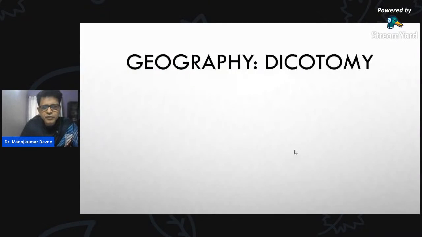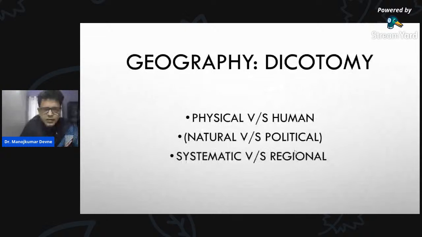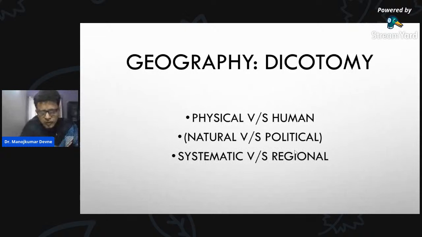This is where we got to last time, and we spoke about how there is a dichotomy between physical and human geography. And in connection to that, we have a dichotomy between whether geography should be studied systematically. Here, I would remind you that systematically here does not mean the dictionary meaning of the word systematic.